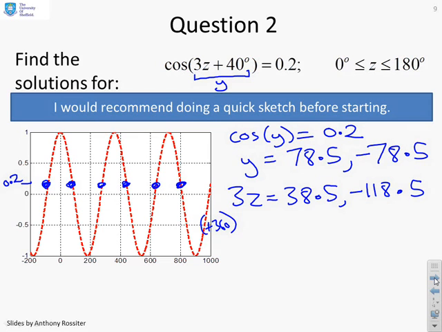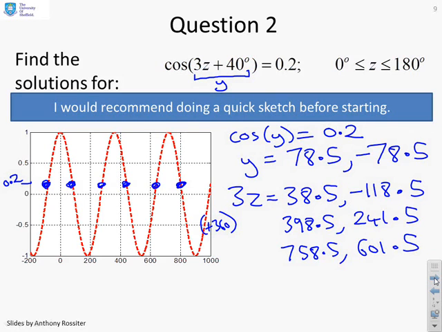So if I add 360 to 38.5, I get 398.5. If I add 360 to minus 118.5, I get 241.5. If I add 360 again, I get 758.5, or 601.5. And then finally, of course, we want to find z, so we need to divide each of these by 3.